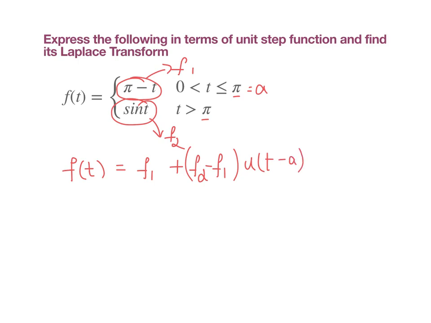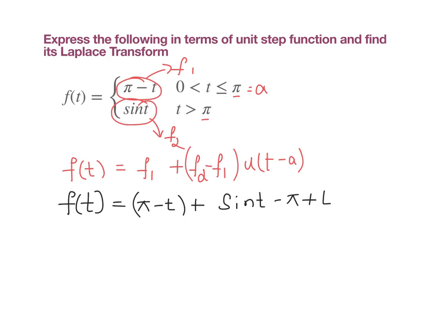This is how you can express the given split two-part function in terms of unit step function. So accordingly, we write our answer for the given function. f of t is f1, which is pi minus t, plus f2 minus f1, that is sin t minus pi minus t, into u of t minus a.